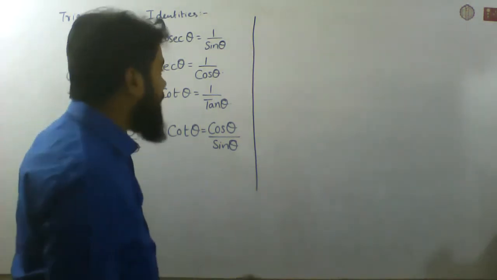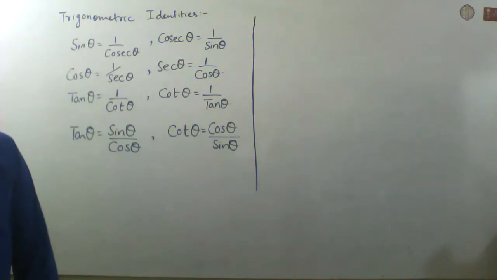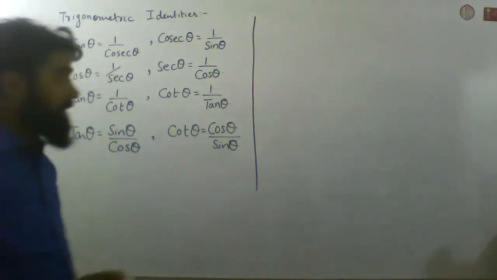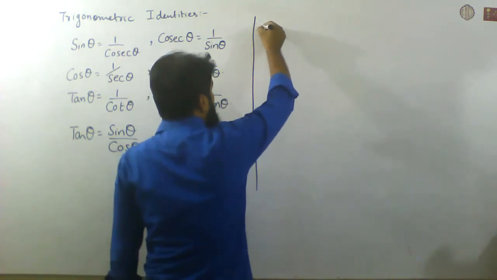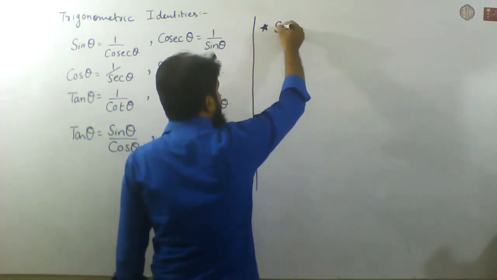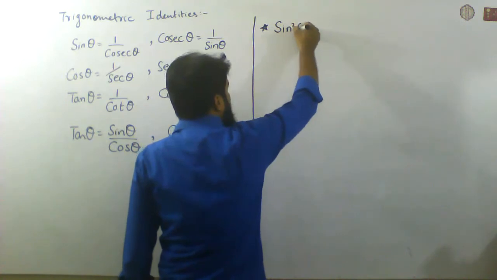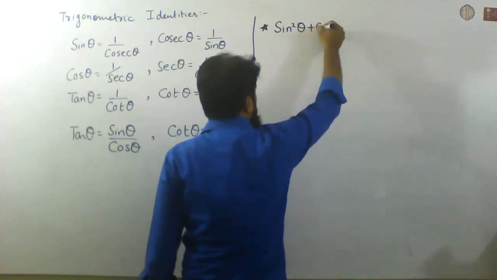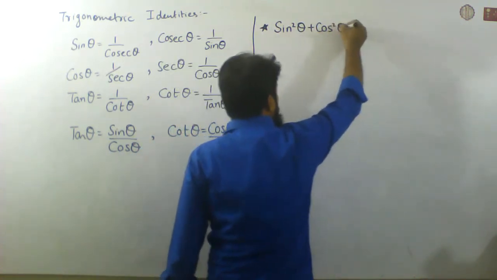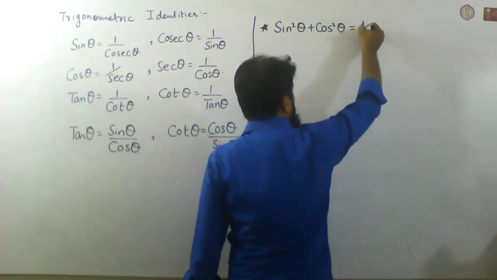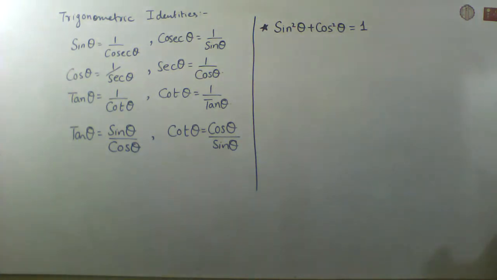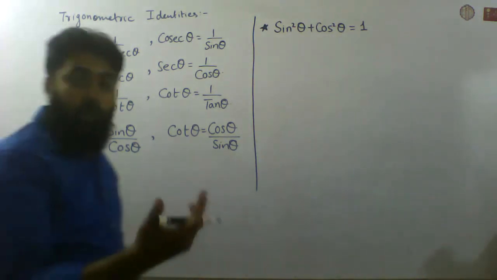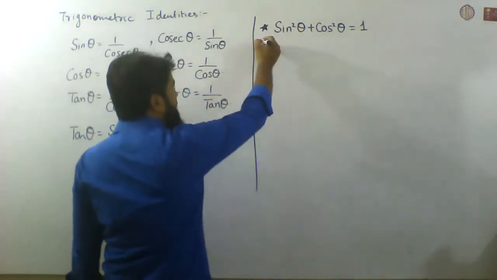Now I am going to talk about squaring identities. What are the squaring identities? The first squaring identity is sin square theta plus cos square theta equals 1. And what are the different variations you can have here?